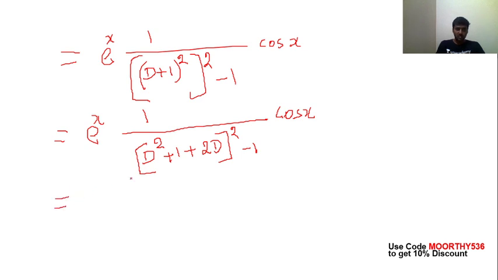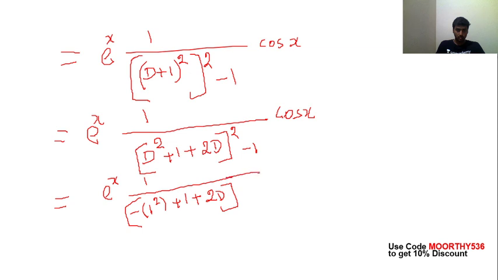Now replace the D square in the denominator by minus of a square. So e power x divided by (minus 1 square plus 1 plus 2D) the whole square minus 1, into cos x.